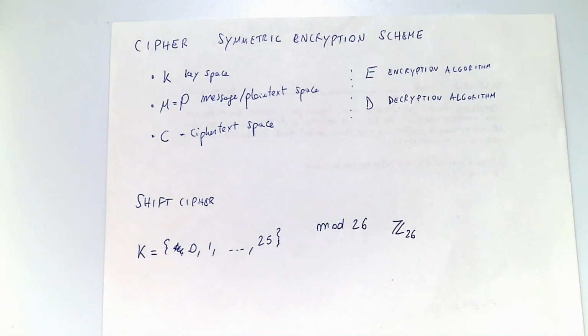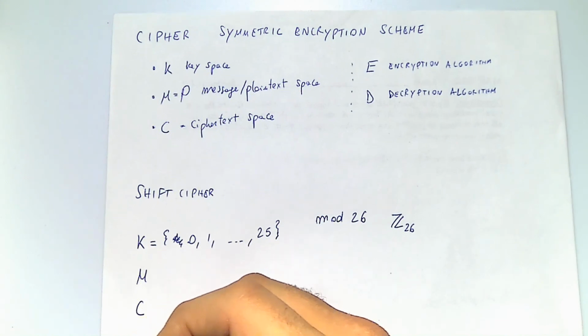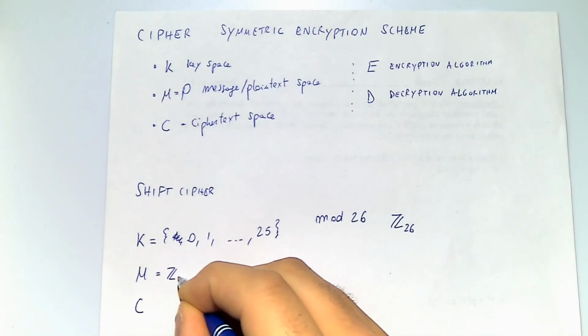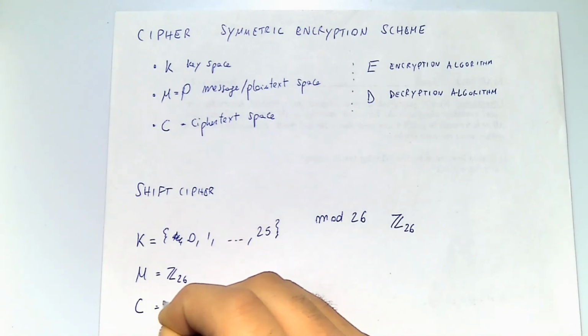And in fact, what is the message space and what is the ciphertext space? Formally we can say, for example, that the message space is also Z26, and so is the ciphertext space.